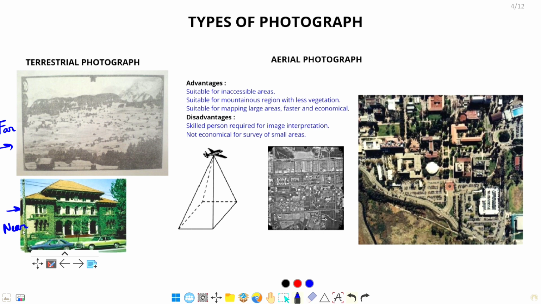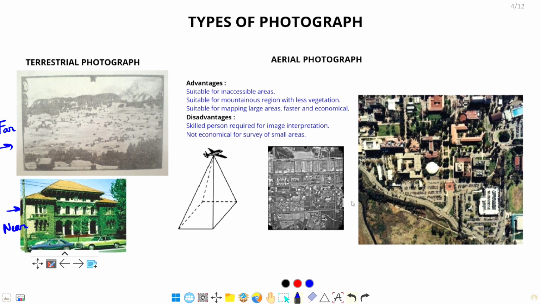So it is showing a side profile of the building. It is also showing some cars. So this type of detail we are getting with the help of a terrestrial photograph. We are not getting extra detail, we are getting very low detail. This is why terrestrial photographs are much less useful than aerial photographs.